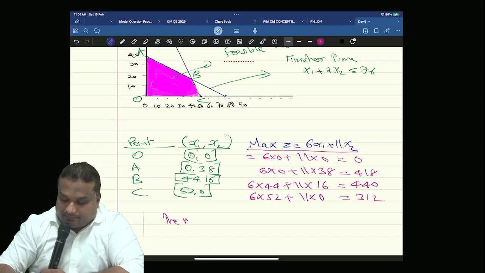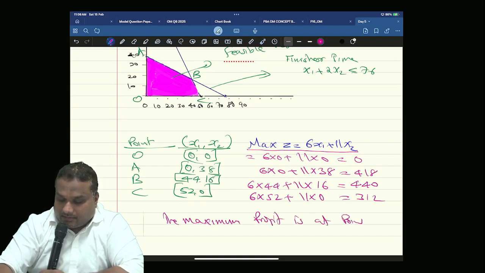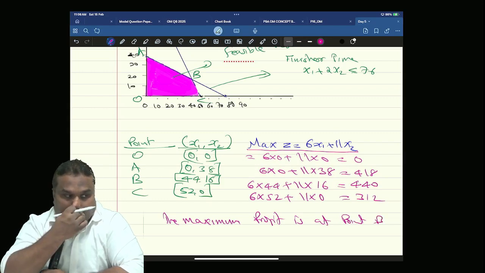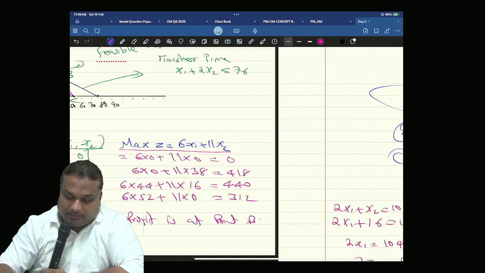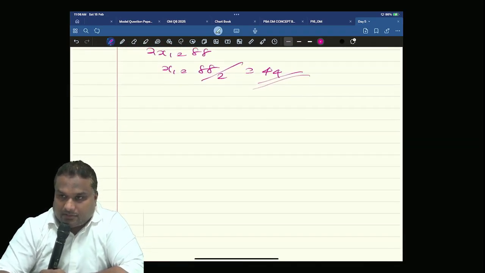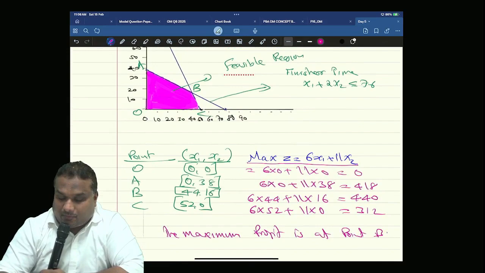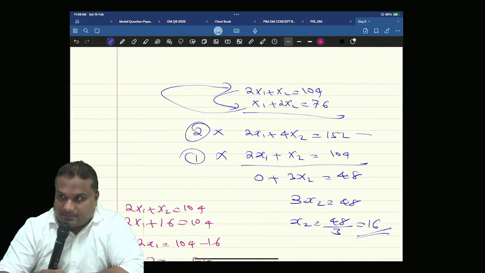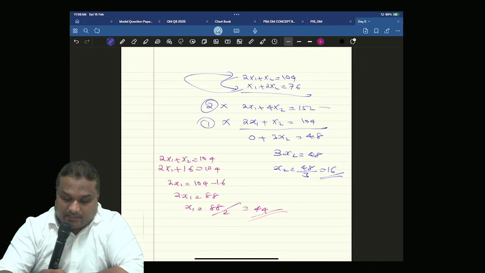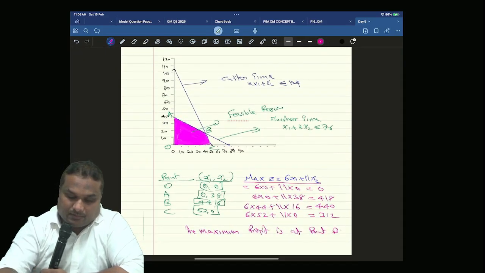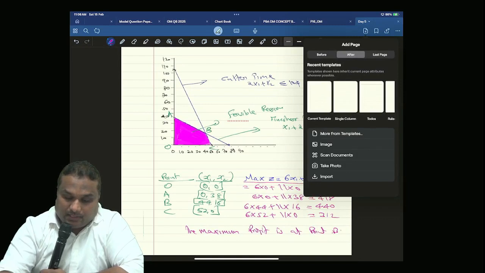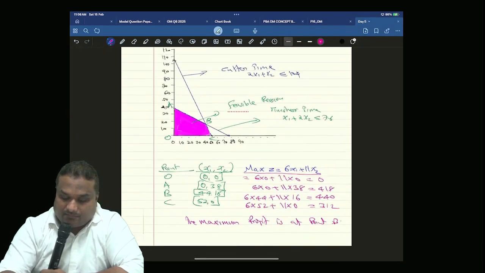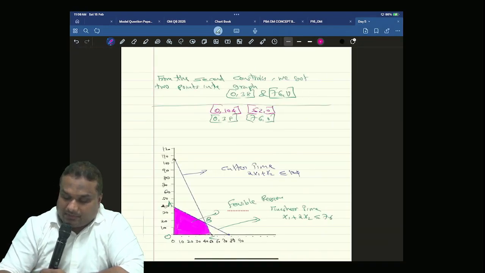The maximum profit is at point B. Hence the firm has to make 44 units of lamb A and 16 units of lamb B. Maximum profit at the point B.